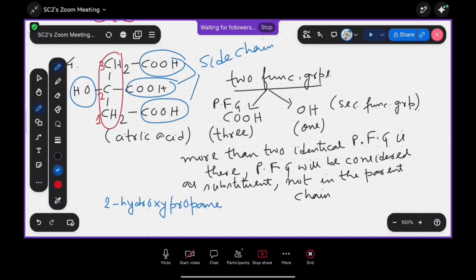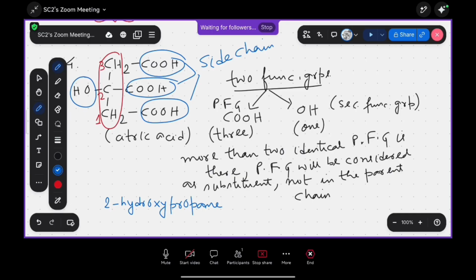Now see, at 1, 2 and 3 position you will not include the oic acid anymore. We write the suffix for the principal functional group, but here we will not be writing like that. Since the carboxylic groups, in spite of being principal, are multiple in number, they will be considered as a part of the side chain.